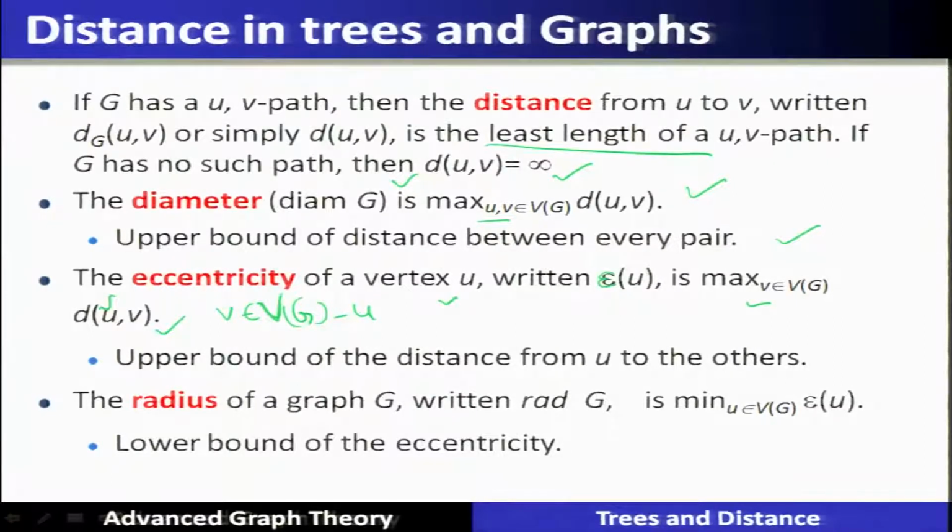The radius of a graph is the minimum eccentricity, and the diameter is the maximum eccentricity in the graph.